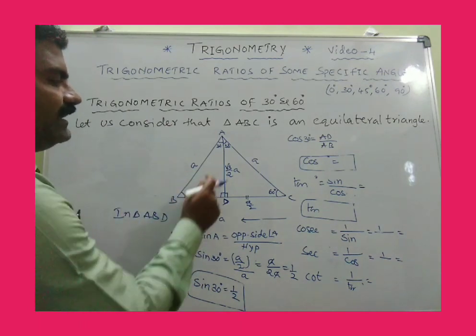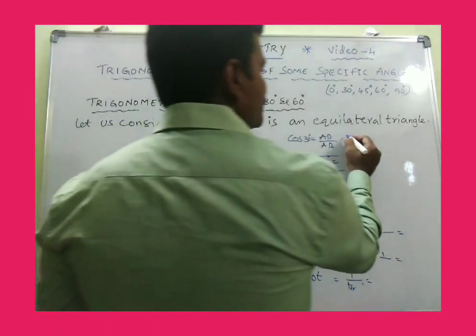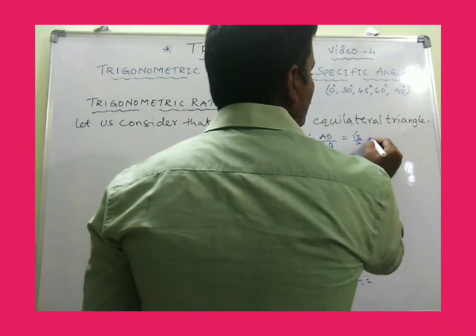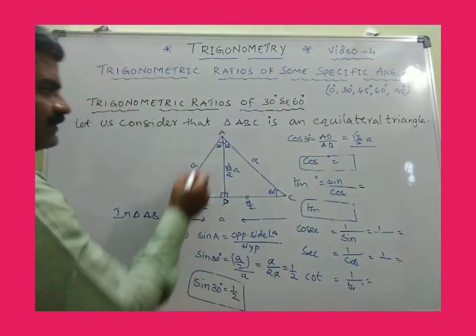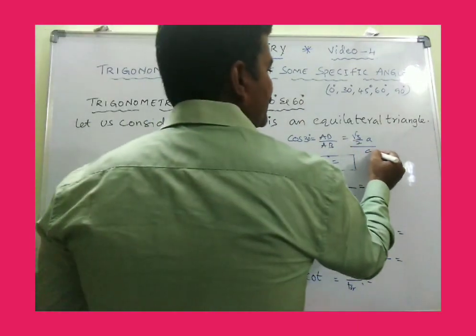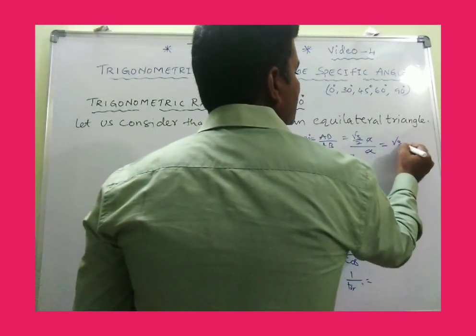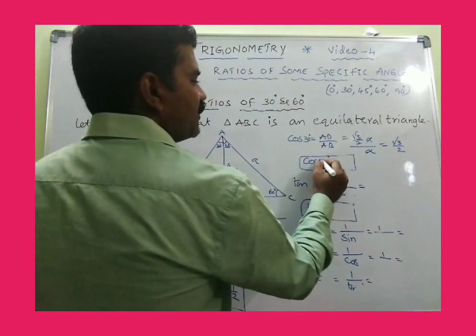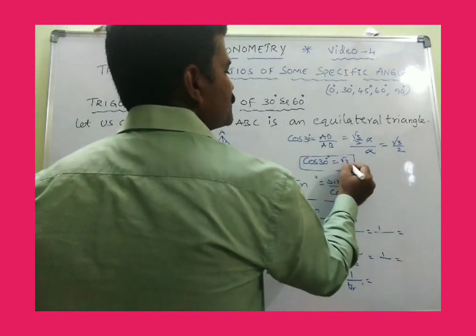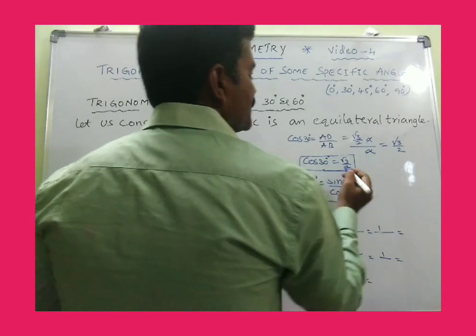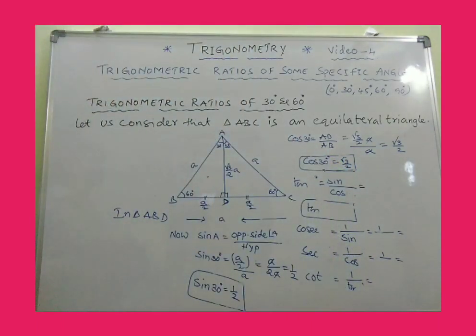What is AD value? It is root 3 by 2 a, by AB value small a. Both get cancelled. Hence cos 30 degrees value is equal to root 3 by 2. Sin 60 is root 3 by 2 and cos 30 is also root 3 by 2.